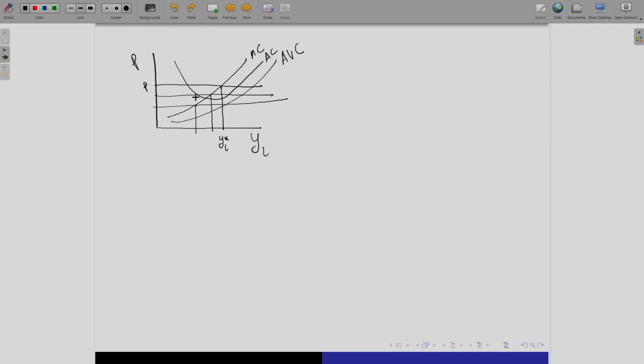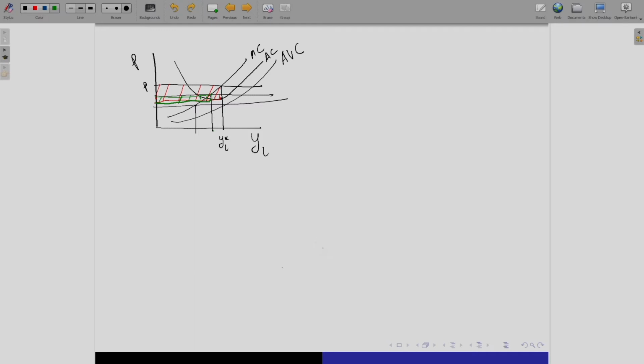Now here you see, when the price is this, the profit made by the firm is this red rectangle, right? When the price is this, the optimal output is this, average cost is here, so this green box is the profit, right?